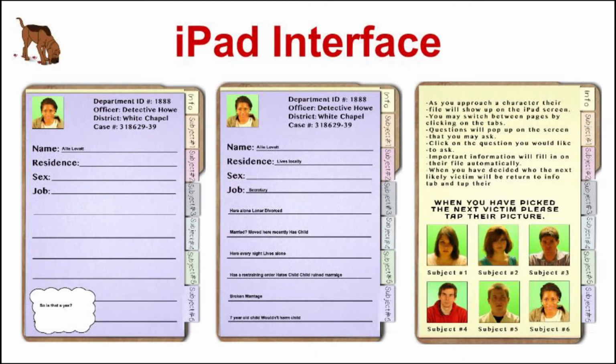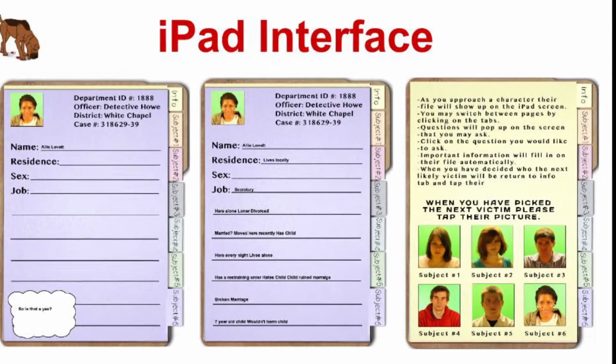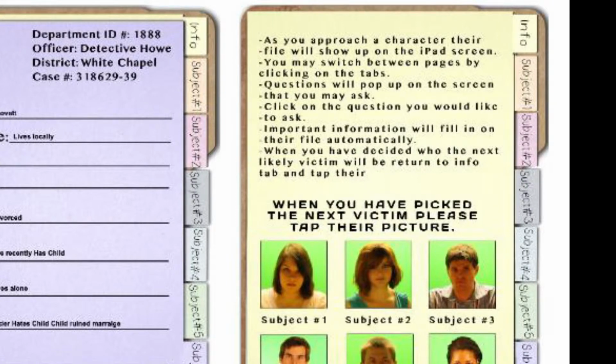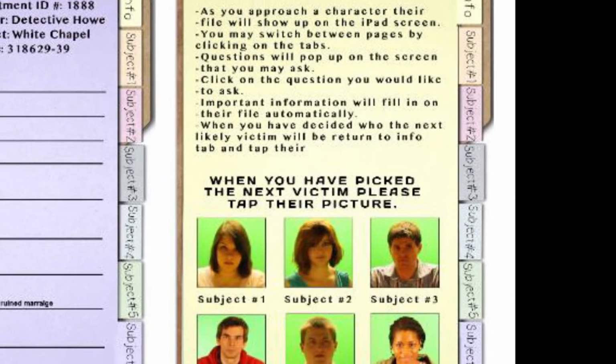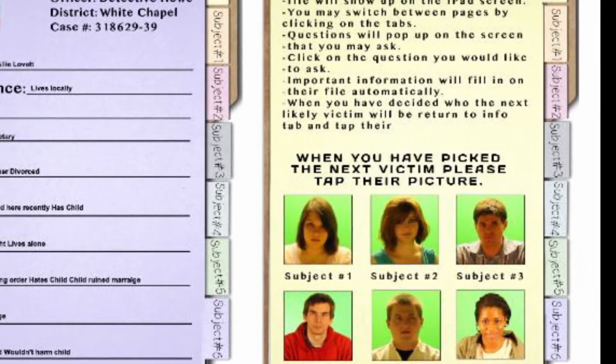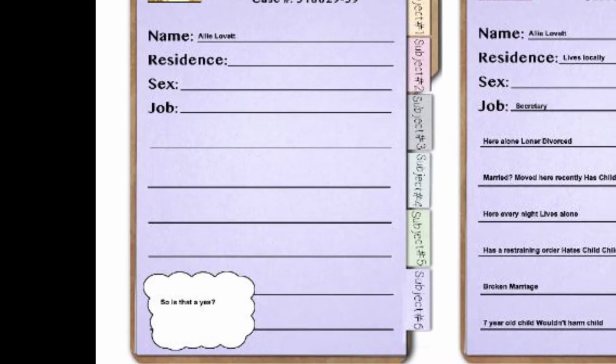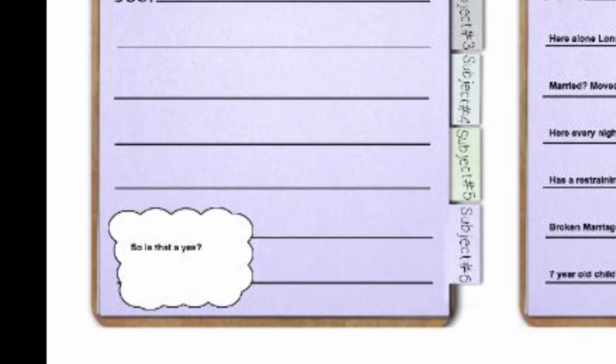The iPad interface is the user's main way to communicate with our project. Initially, the iPad opens up to an info tab which shows some basic information on how to use the interface, alongside 6 subject character pages. Each character page starts out blank, but with options for users to ask questions to that character.